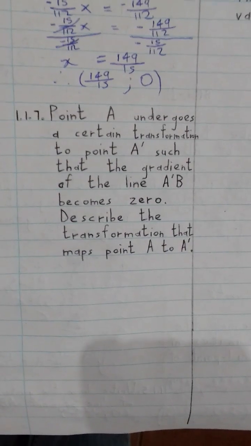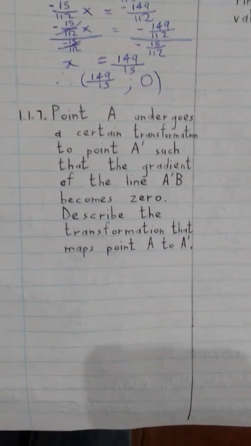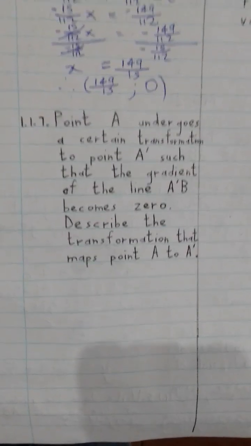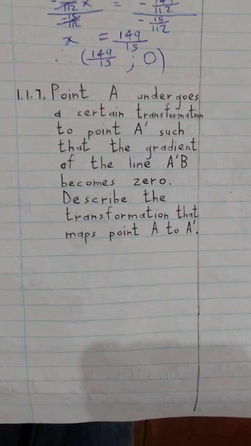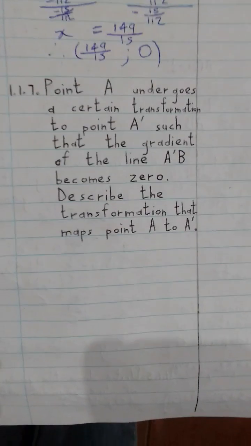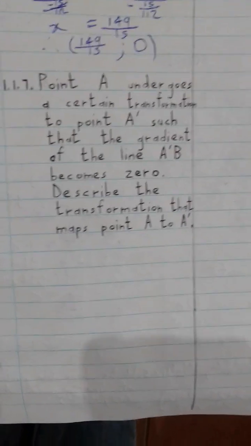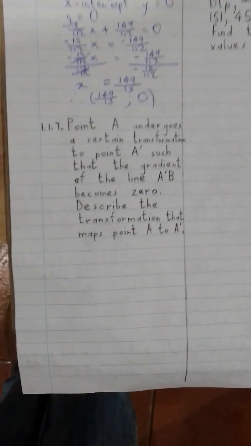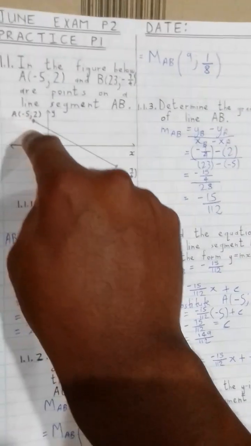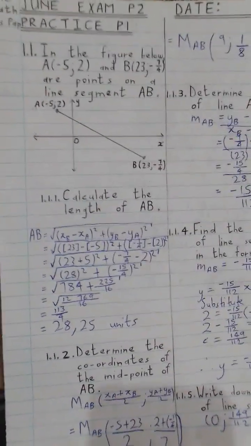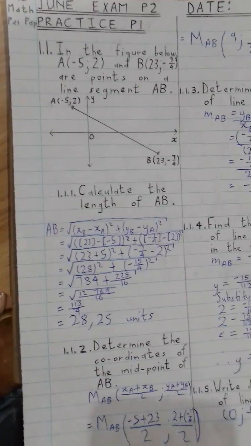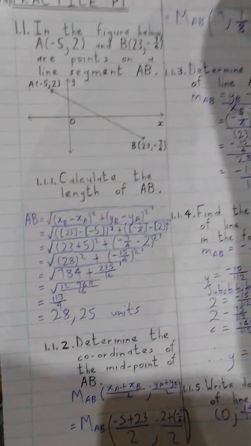1.1.7 states, point A undergoes a certain transformation to point A prime such that the gradient of line A prime B becomes 0. Describe the transformation that maps A to A prime. Okay, we have to make the statement. When the gradient is 0, you should know that the line is a horizontal line parallel to the x-axis.